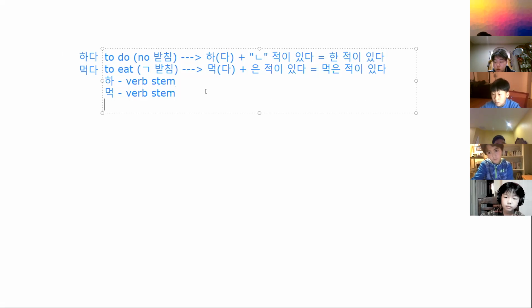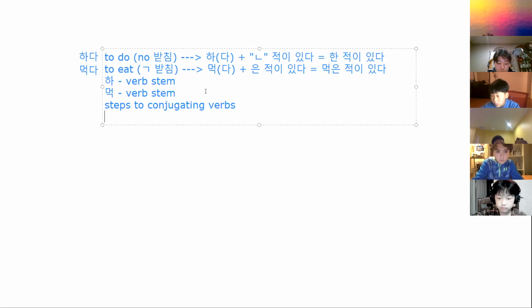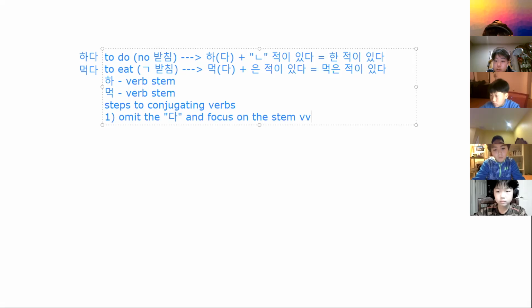Step 1. Let me do this. Number 1 is to omit the da and focus on the stem, right? So in this case, for hada, ha would be the verb stem, and for 먹다, 먹 would be the verb stem. Second step.